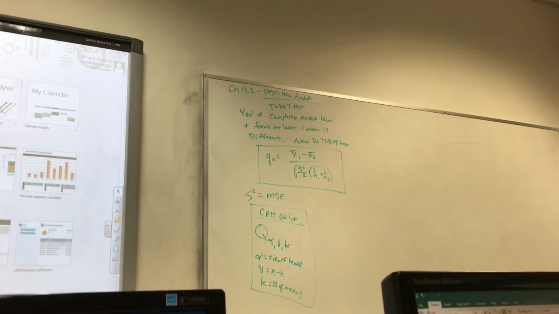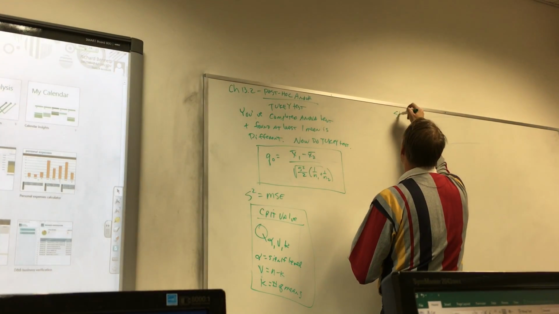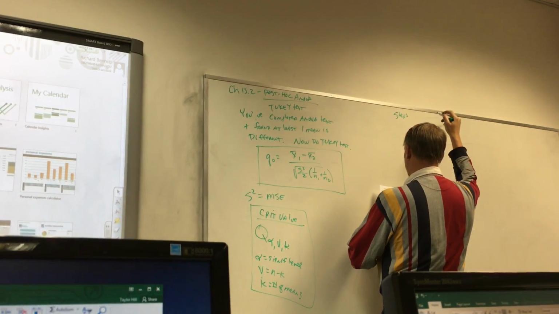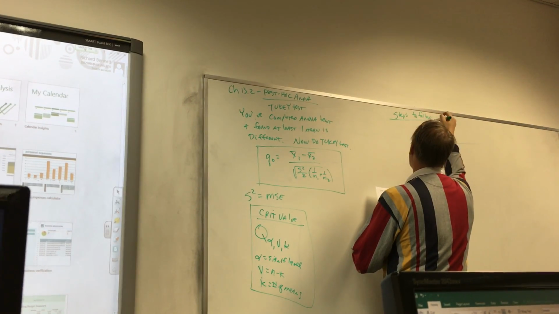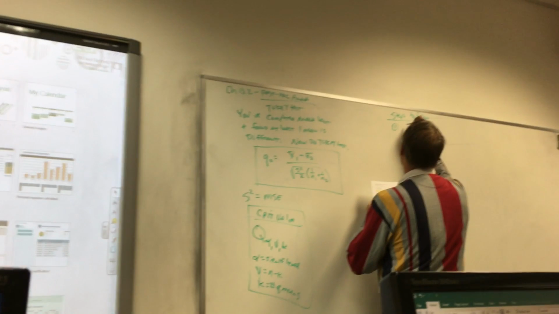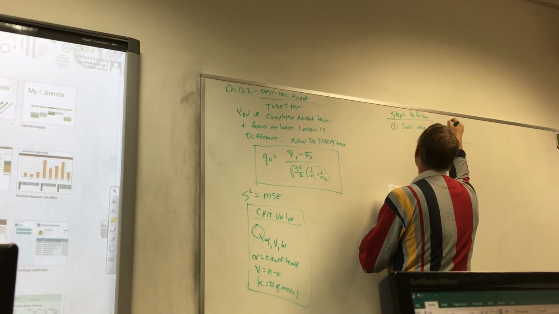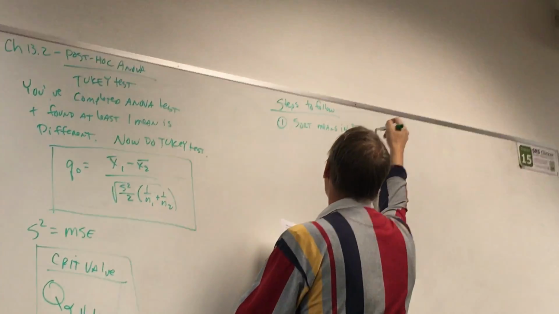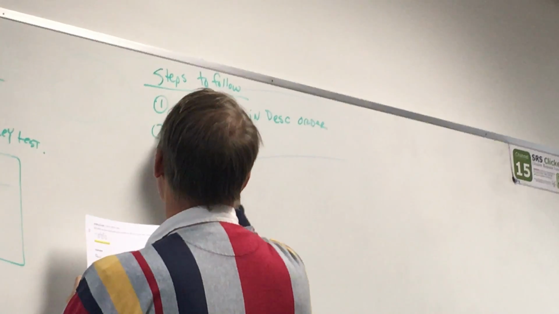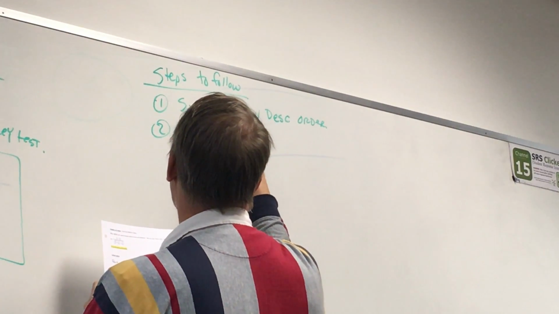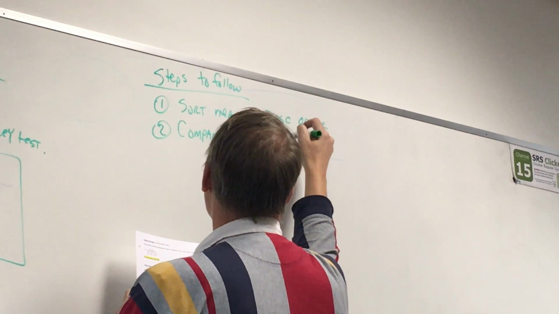Okay? All right, so here are the steps to follow. Number 1, I want to sort the means in descending order. Number 2, I want to compare pairwise differences.